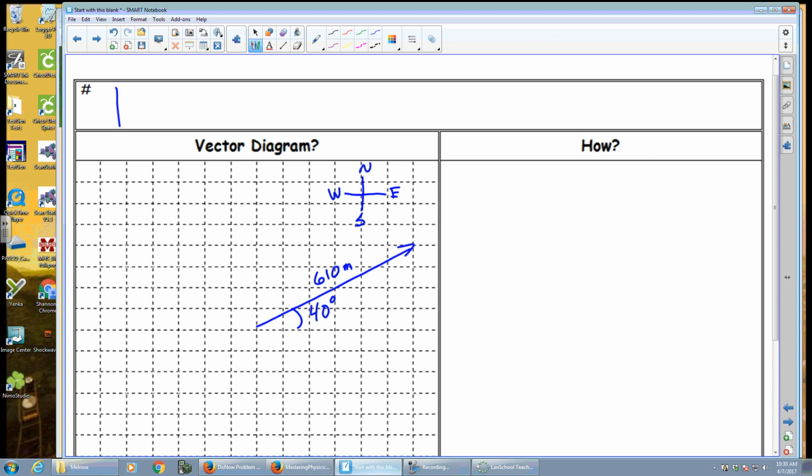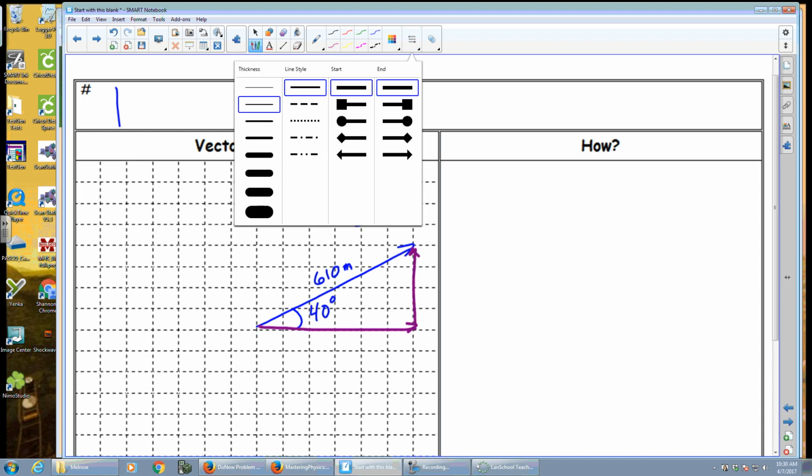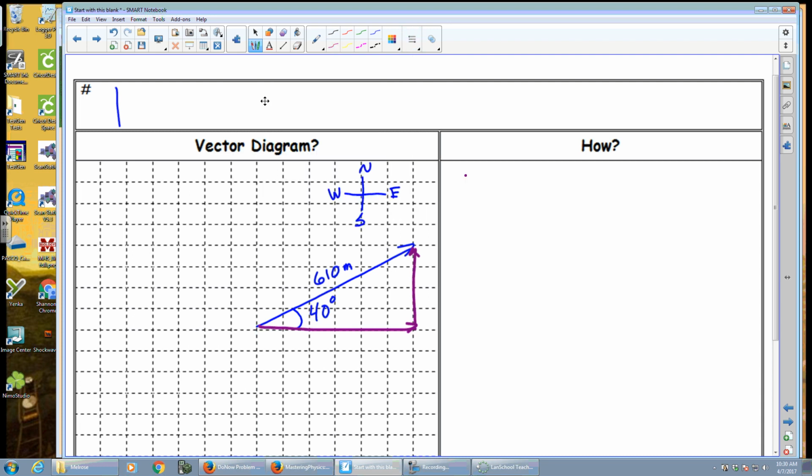I could have said 50 degrees east of north, right? And they're asking me the components of said vector. So I'm going to call them north and east.